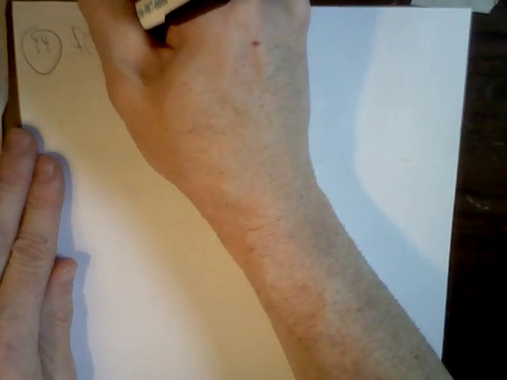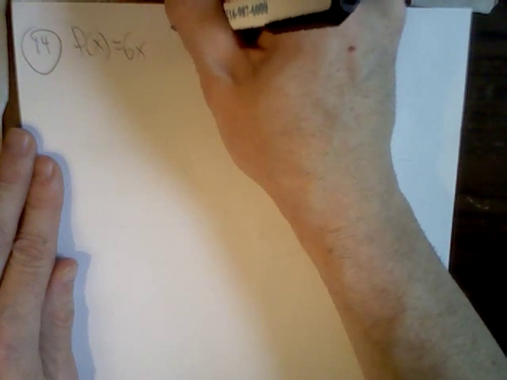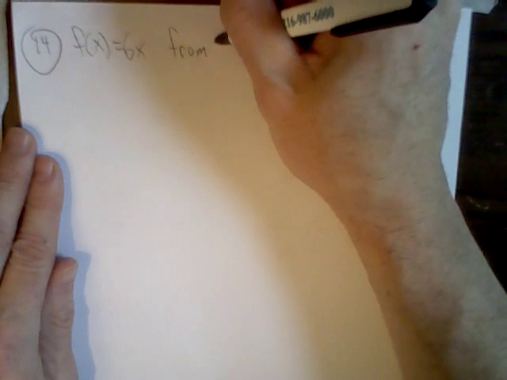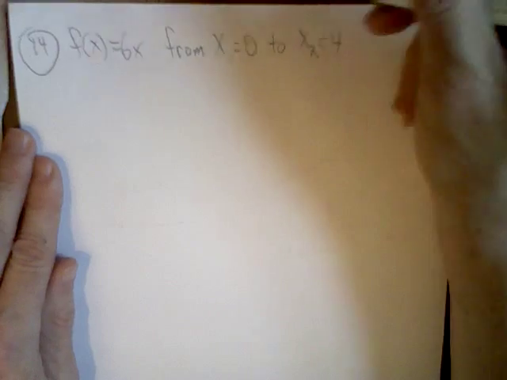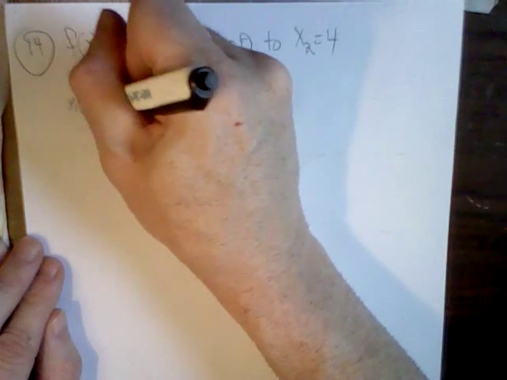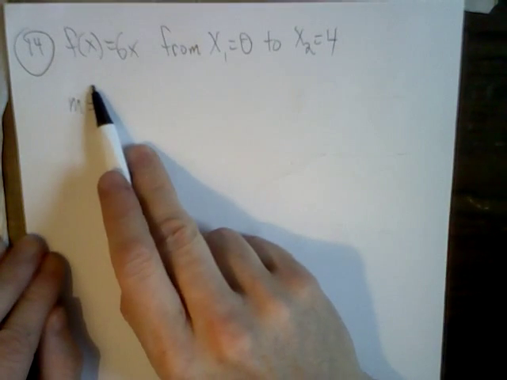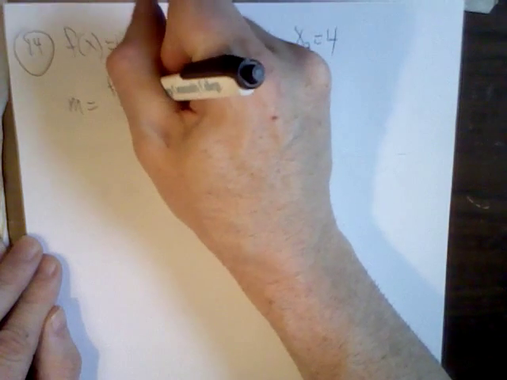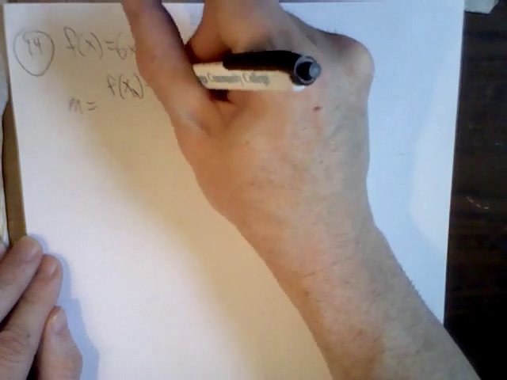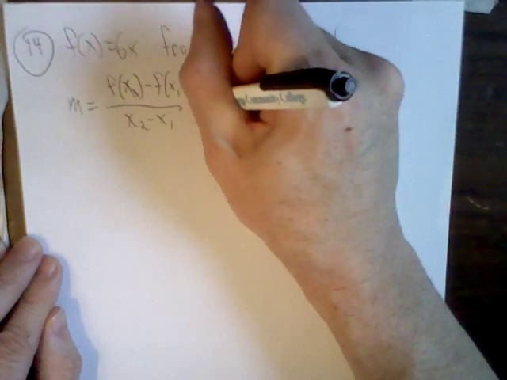Let's look at number 14, and we have f of x, our function, equaling 6x. And we want to know its average rate of change from x1 equals 0 to x2 equals 4. And we're using this new formula, but it really is a slope formula. In this case, you're going to find that it gives you the slope. Okay? The answer will be 6. So let's do it. We have f, let's remember what the formula is, f of x2 minus f of x1 all over x2 minus x1.